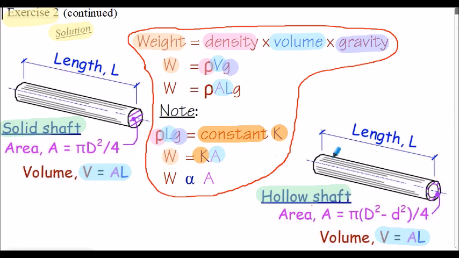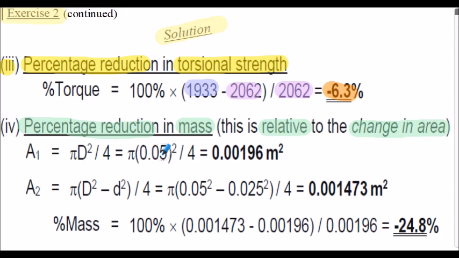In other words, we write that the weight force, or the mass in our particular case, is proportional to the cross-sectional area. So to evaluate the percentage reduction in the mass for the solid section shaft, labelled A1 here, the cross-section area is calculated from pi d squared upon 4, inserting the outside diameter, and evaluating, area 1 is 0.00196 meters squared.